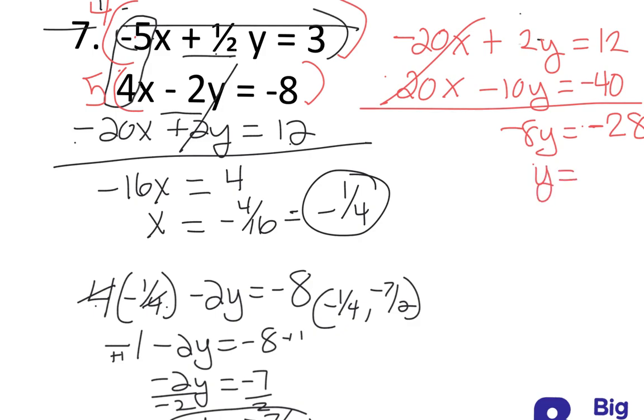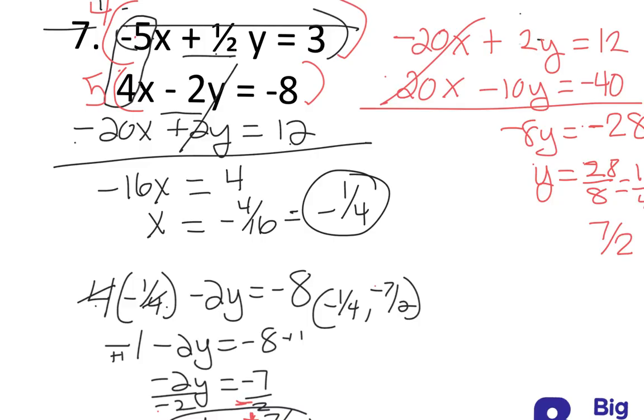Divide by negative 8. So it'd be positive 28 over 8, which will be 14 over 4, or 7 over 2. Oh, this is not. We divided by negative 2.